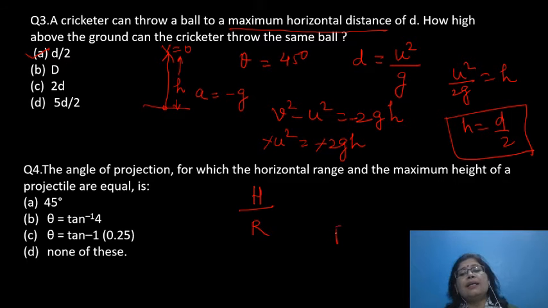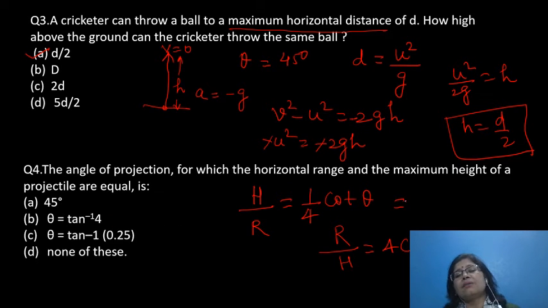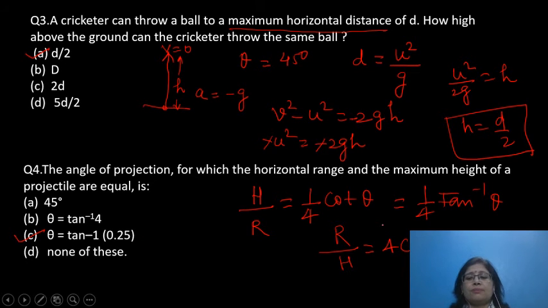We already derived the equation r upon h equals 4 cot theta, and h upon r will obviously be 1 upon 4 cot theta. In terms of tan, you can write it as tan theta upon 4. So what will be the answer? The answer will be theta equals tan inverse 0.25.